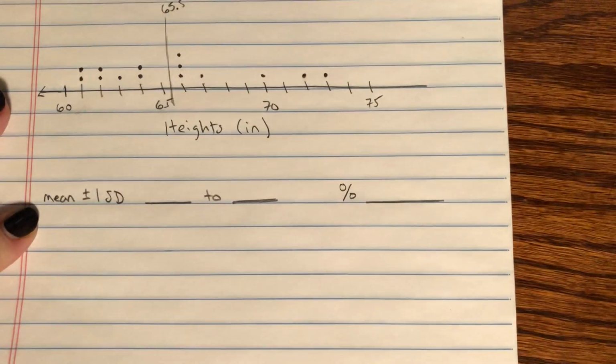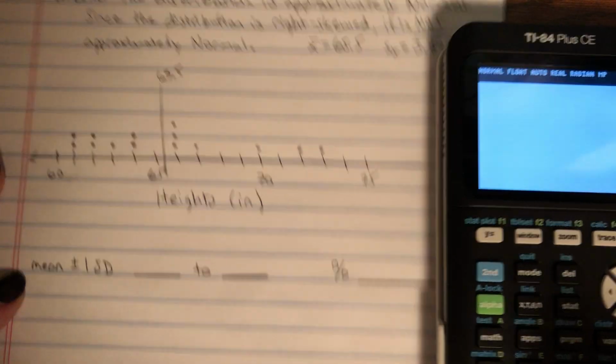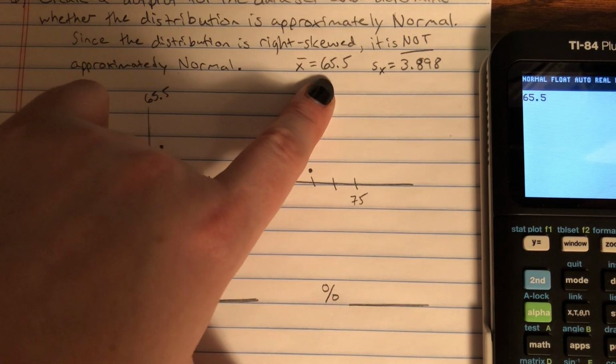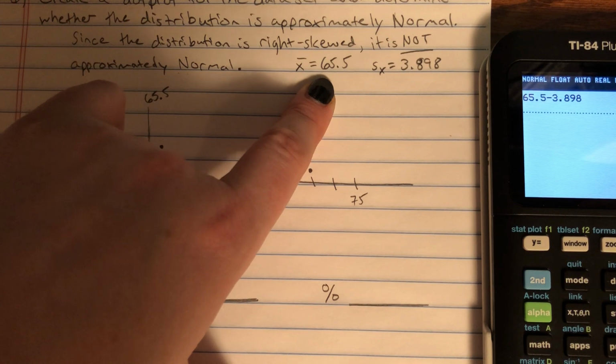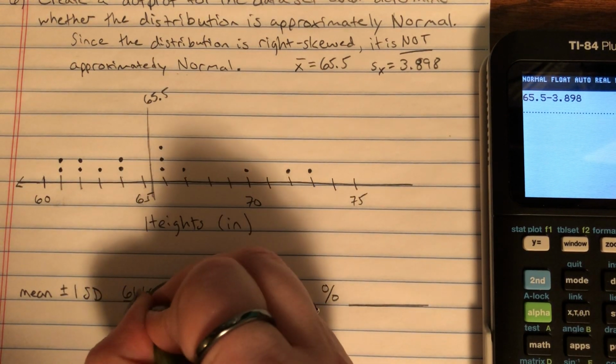So my mean is 65.5. All right, so 65.5 minus 3.898 gives me 61.602.